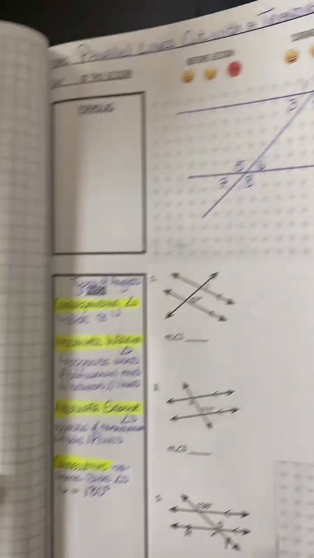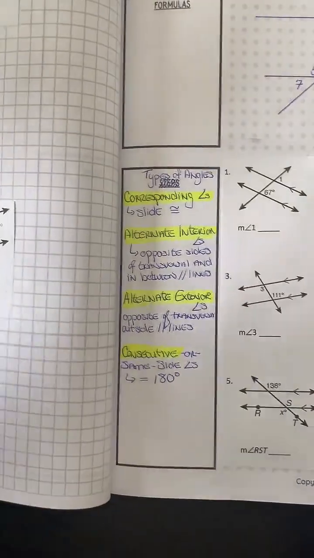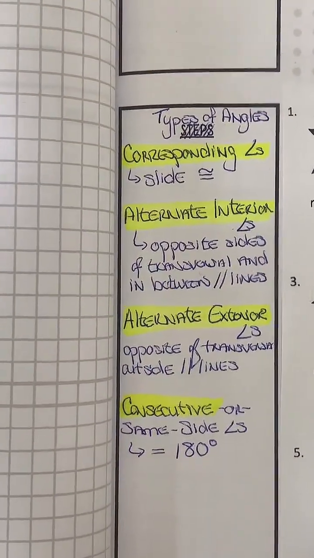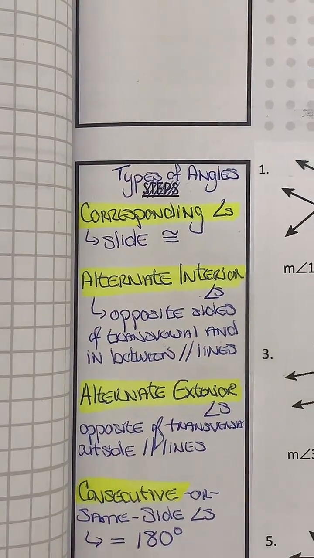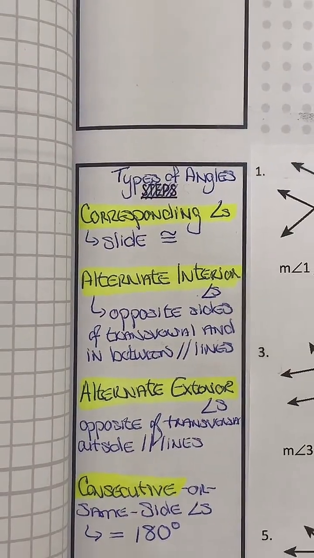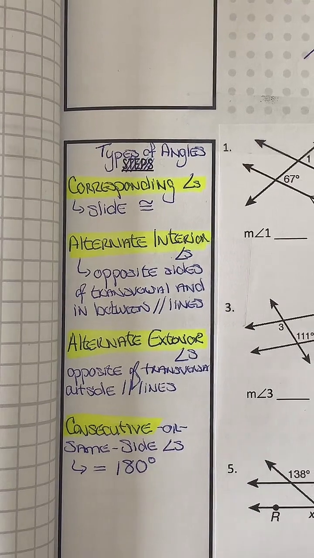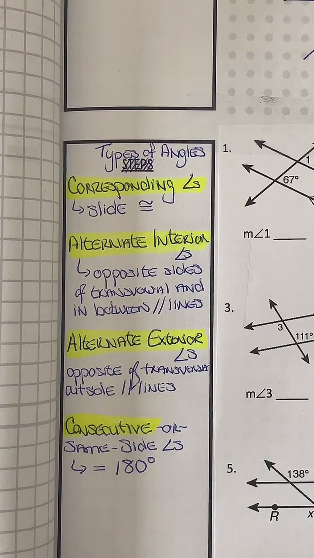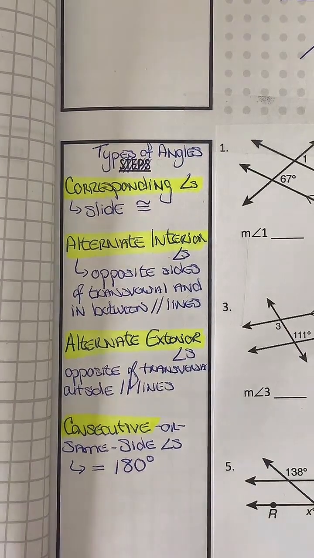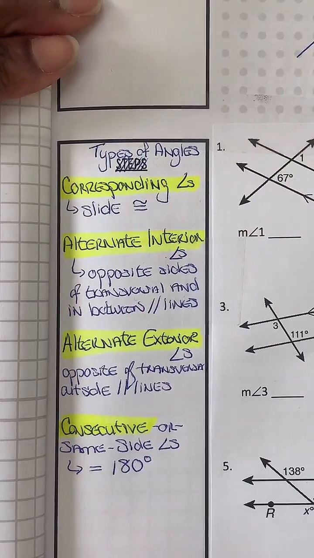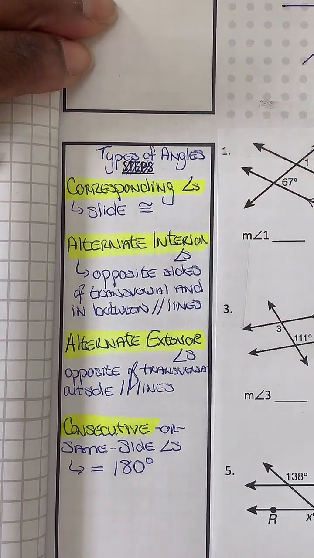So let me slide this over and see if I can zoom in so you guys can take a picture. Sometimes I wish they didn't have so much publication so we can actually use the full screen. So, the different types of angles.